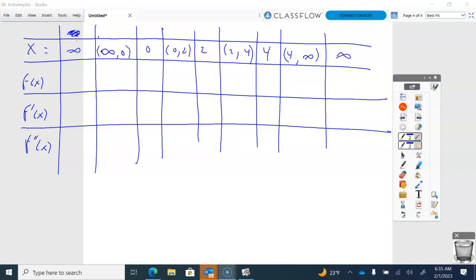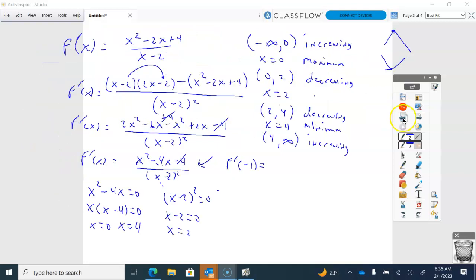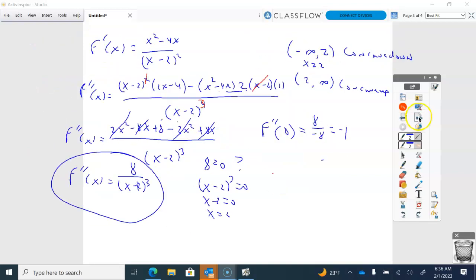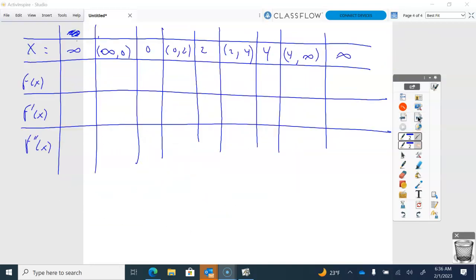So now I go back. Then I get that I have a vertical asymptote at 0. Okay, so at 0, I'm at negative 2. At 2, I have a vertical asymptote. Those are 2 bits of information that are useful to me.